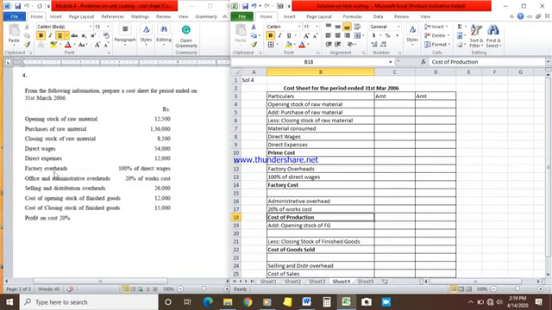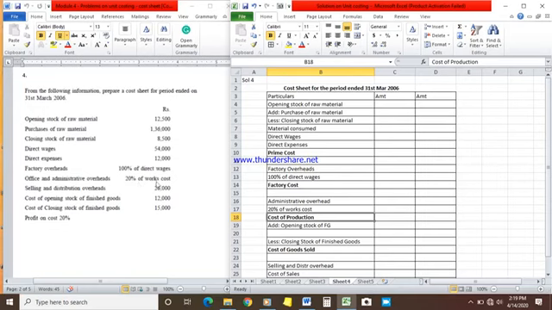Now factory overheads. This factory overhead is given as 100% of direct wages. The direct wages is 54,000. So 100% of 54,000, if you calculate, is again the same 54,000 itself. Office and administrative overhead is given as 20% of works cost. Once we add up the factory overheads and the prime cost, we get the works cost.